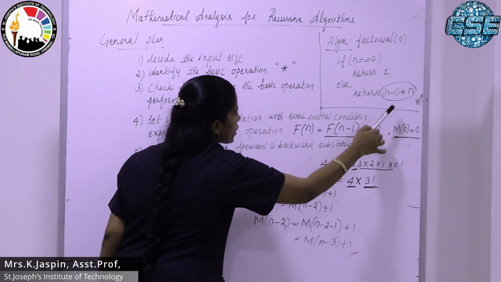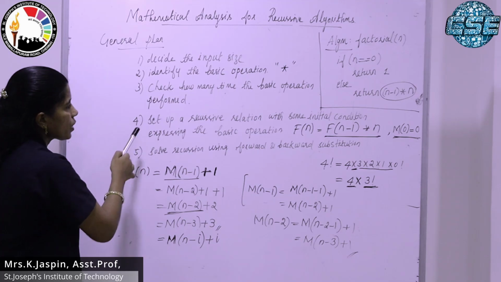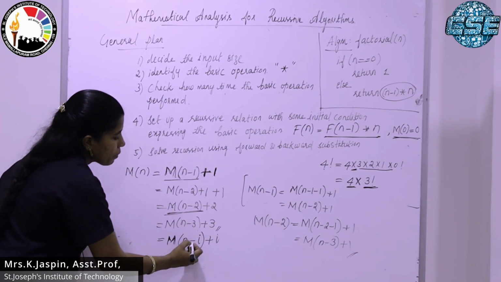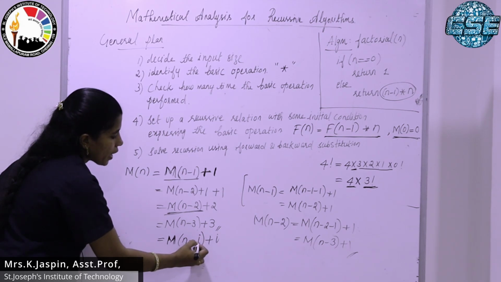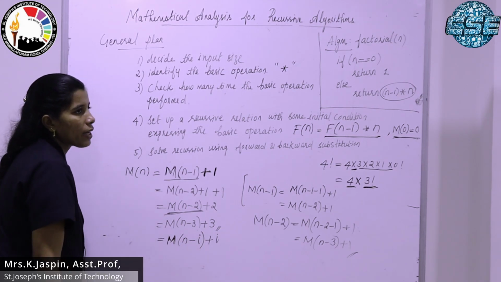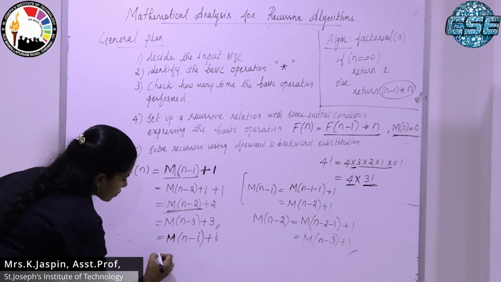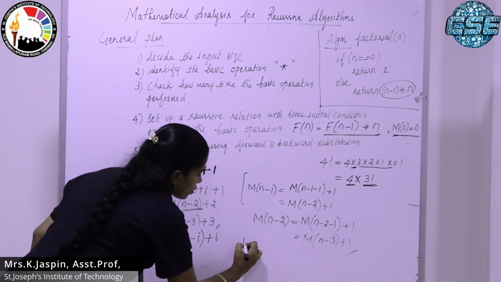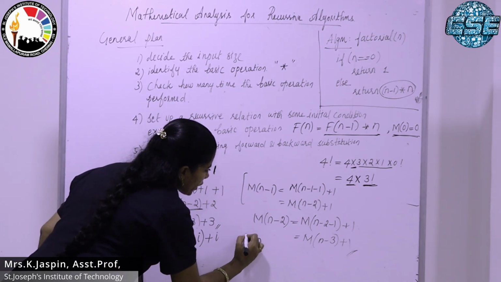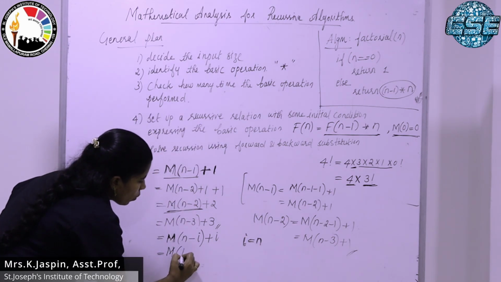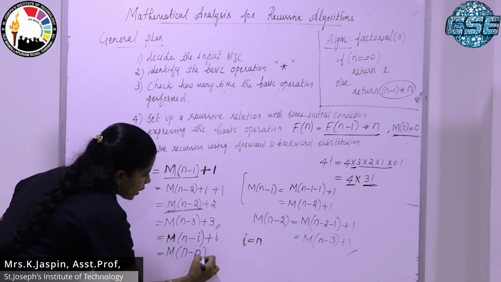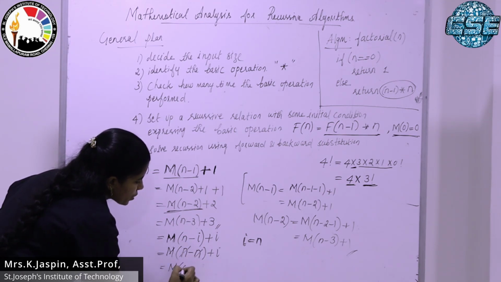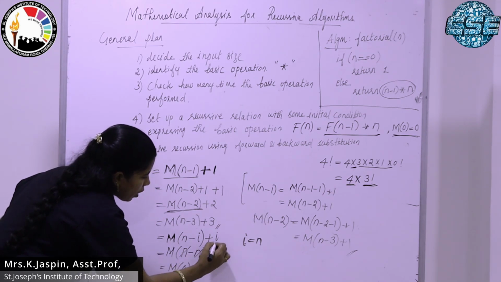This is the initial condition I have taken while representing the fourth step. So here, m of n minus i, I have to bring i equal to n. While substituting n here, both get cancelled. M of 0 plus i.